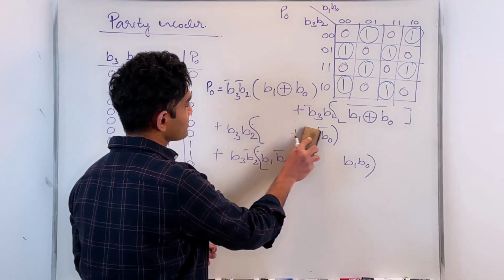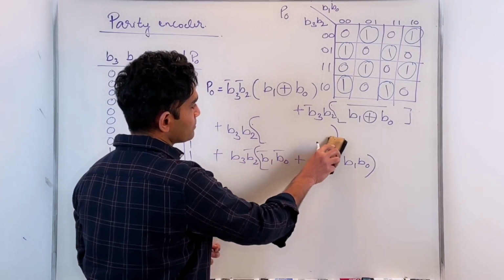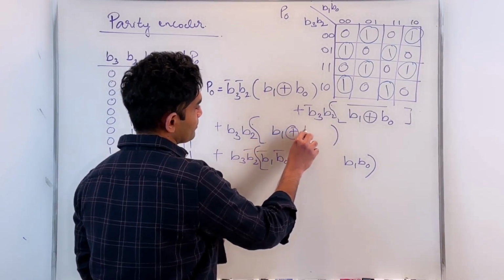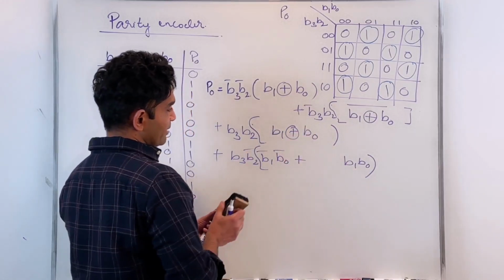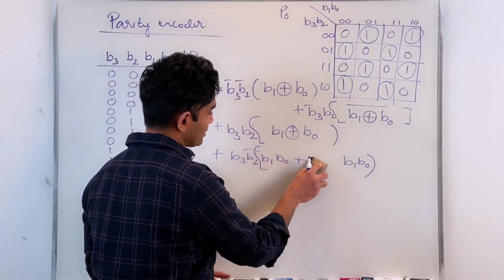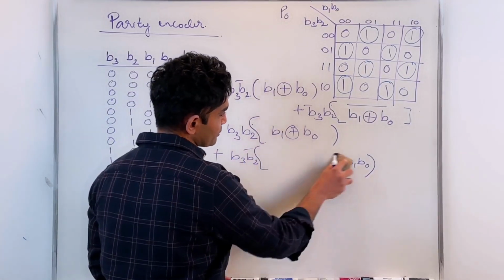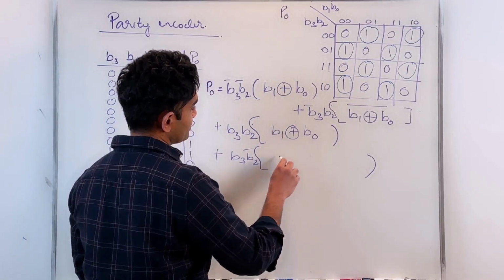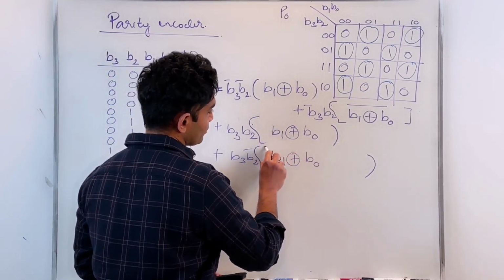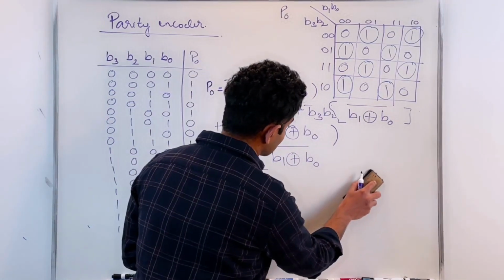So let me do that. And finally, we have B1 prime B0 prime plus B1 B0, which is an XNOR between B1 and B0. So let me also do that here. That would be B1 exclusive OR B0. Because it's an XNOR, I will just do that.